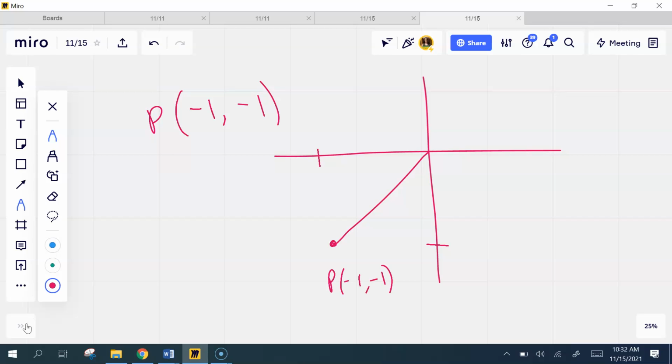Do you see theta? I'm still measuring initial, terminal. Yes, dear.